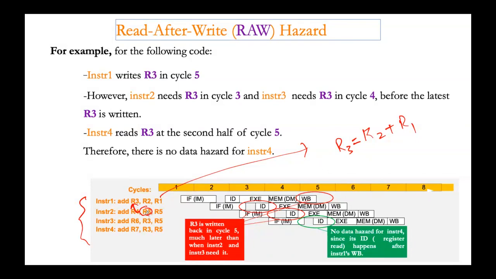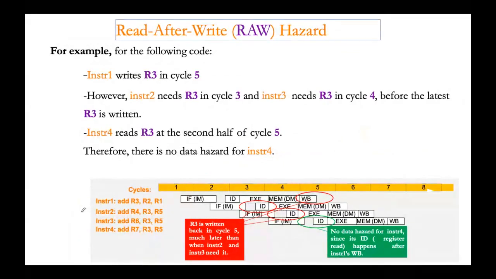Similarly, in instruction 3, the register R3 reads the data after the data is written into R3. The same way, in instruction 4, the R3 register will be read after writing the value of R2 plus R1 into R3. So there is a read after write data hazard in these instructions.